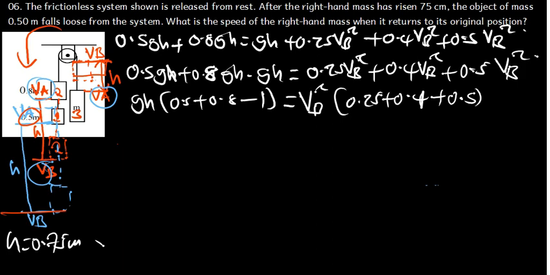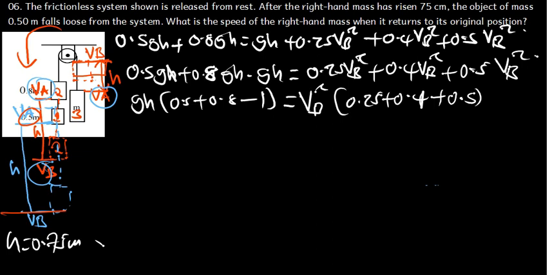I can say GH, in the brackets there I'm going to have 0.5 plus 0.8 minus 1, which is 0.3, meaning I have now 0.3 GH.